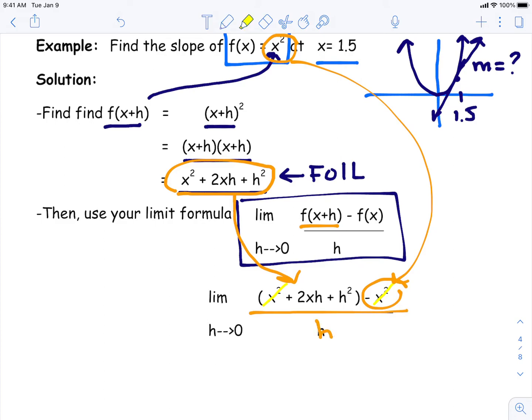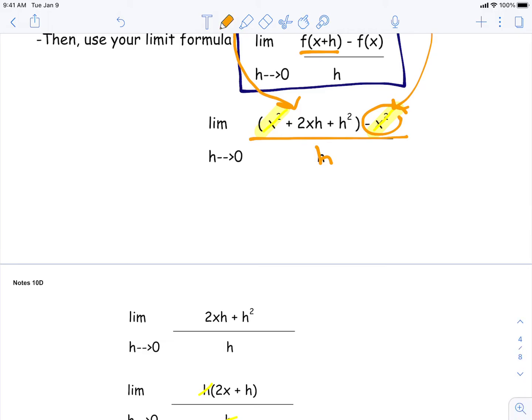And what happens is this x squared and that x squared cancel. So we're left with 2xh plus h squared over h.